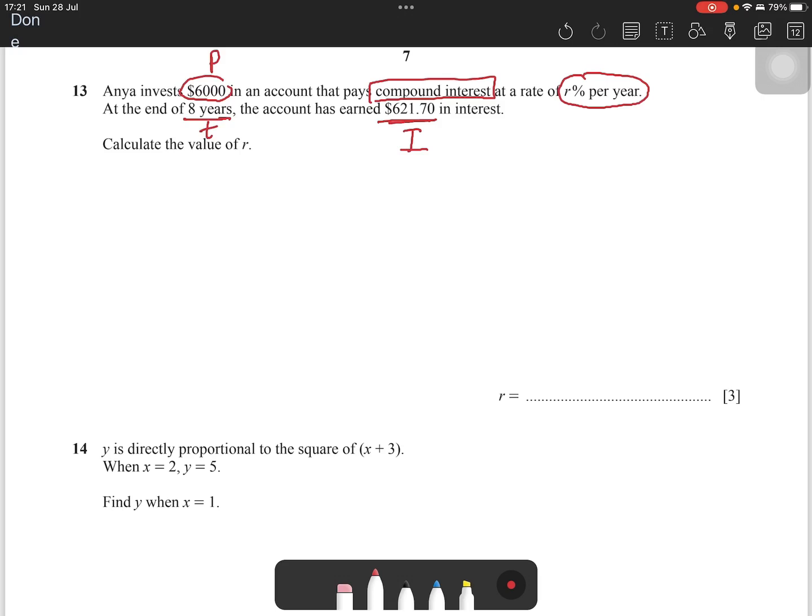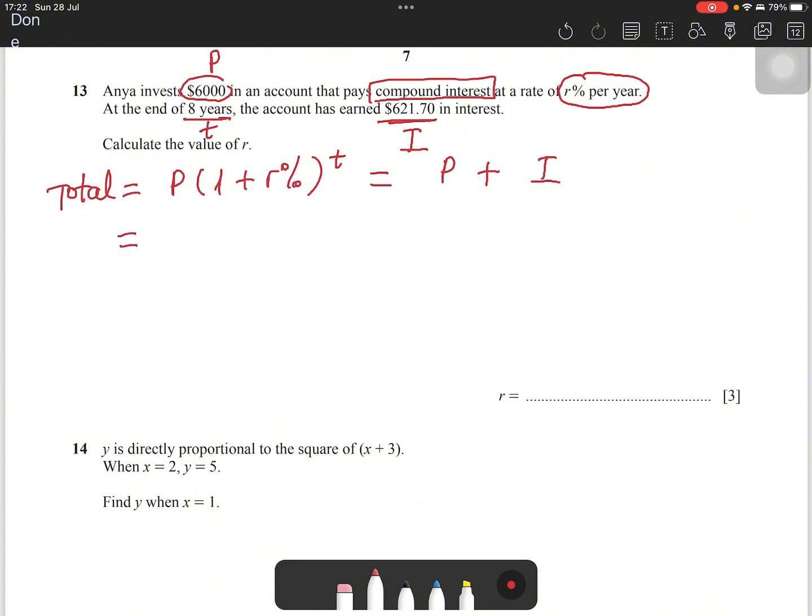You know that in compound interest, we have the formula for the total, which is P multiplied by 1 plus R% to the power of T. And we also know that the total is equal to the principal plus the interest, right?